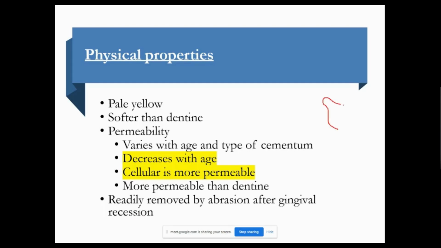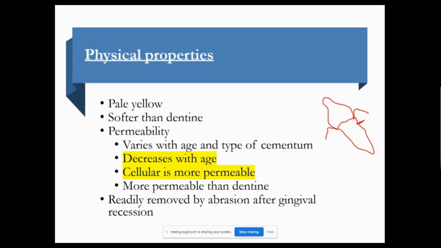So this is your tooth, and there is gingiva here. So that's the normal level of your gingiva. And suppose the gingiva recedes. Suppose the level of the gingiva goes down like this. So this entire area of the crown as well as the root are exposed to the oral environment.